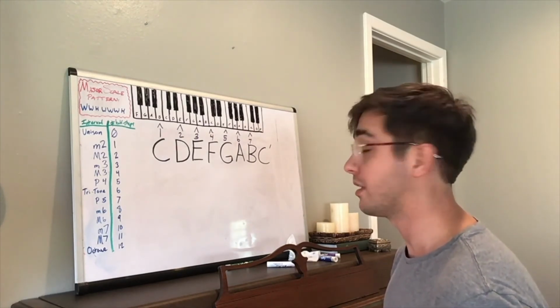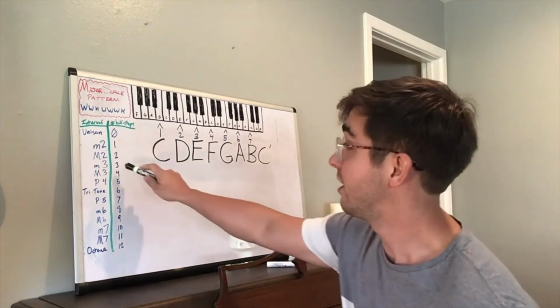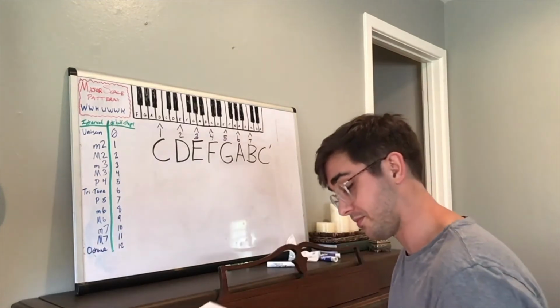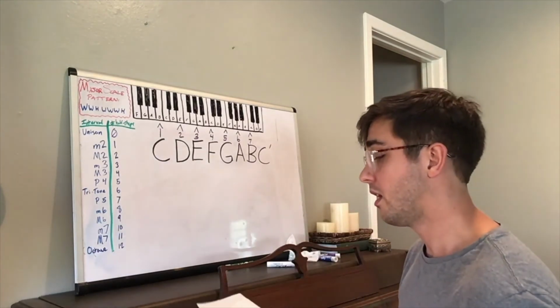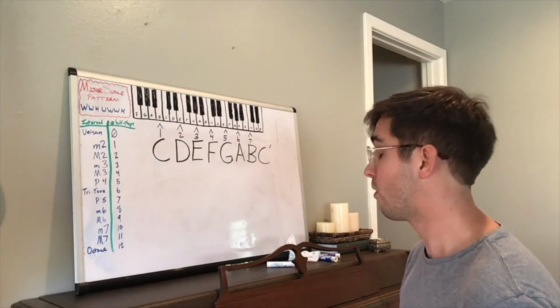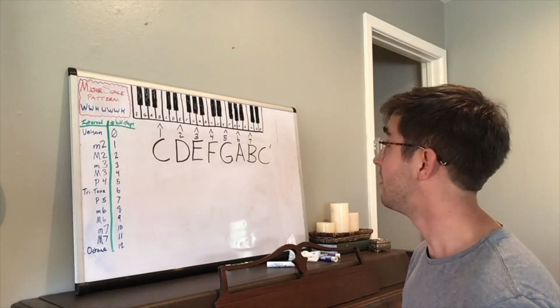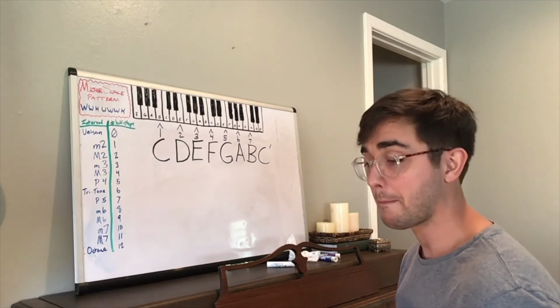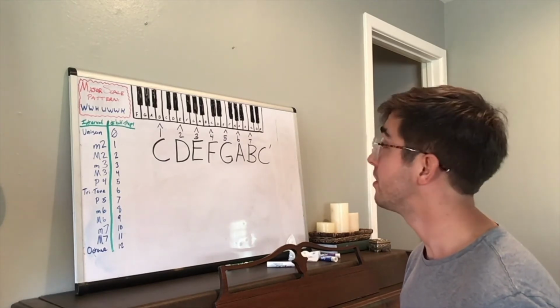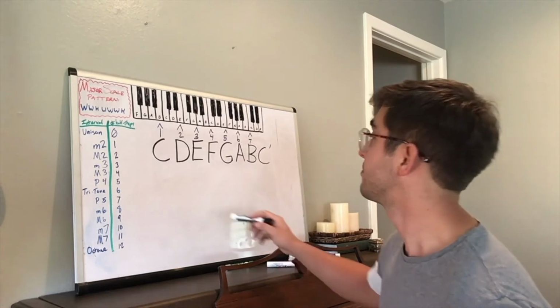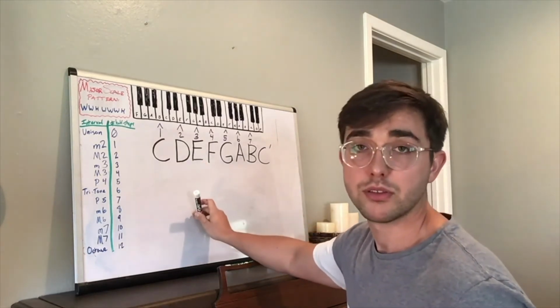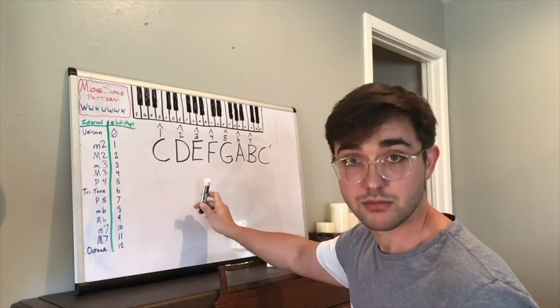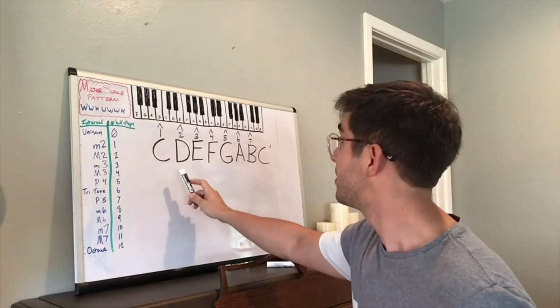A minor third is next, and that is the distance of 3 half steps. And we have 4 examples of this in the C major scale. Minor third is three half steps. All right, so this is when we just have to get down and do some of the math.